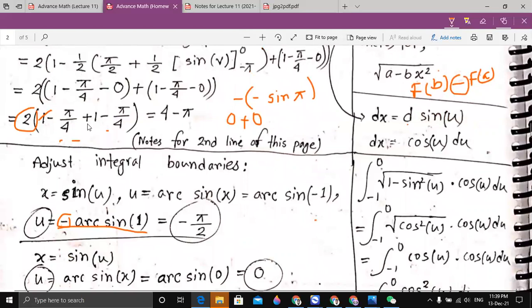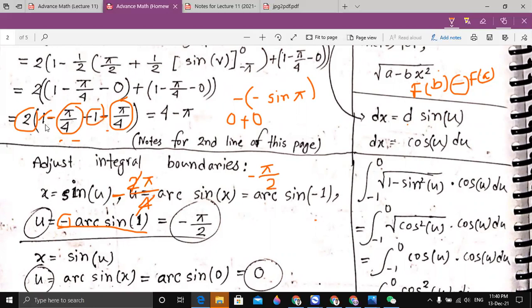Minus pi by 4 and minus pi by 4 makes minus 2 pi by 4, because we have one pi by 4 here and another pi by 4 here. As the symbol is minus, we write minus pi by 4 and pi by 4, that makes 2 pi by 4. If we cancel this 2 and 4, we get minus pi by 2.